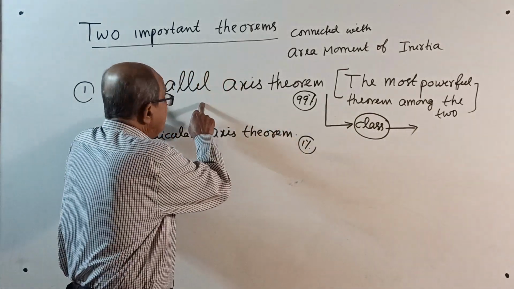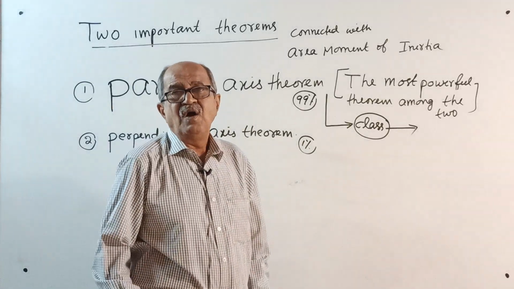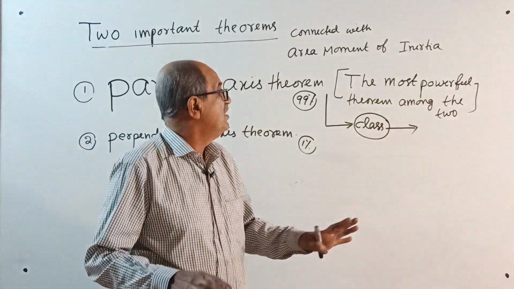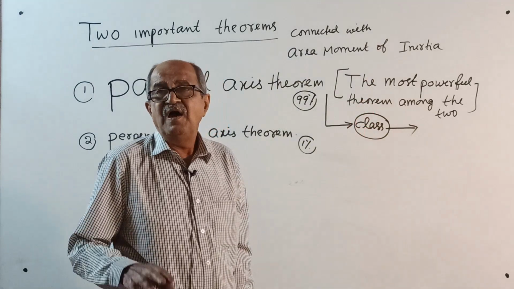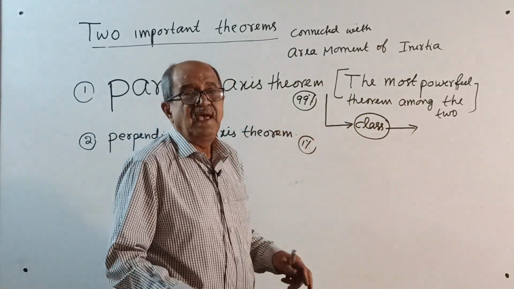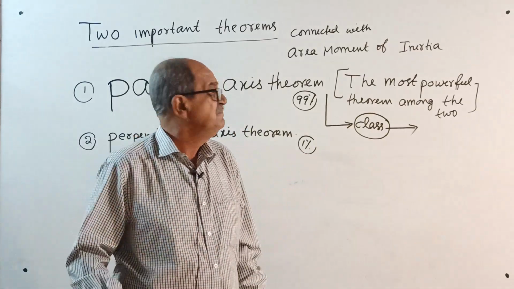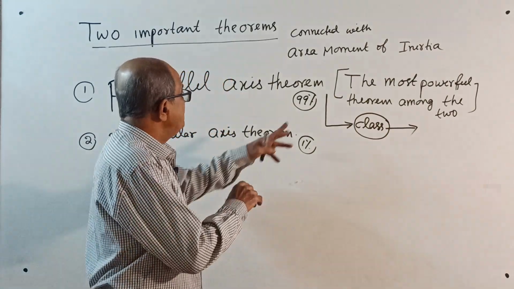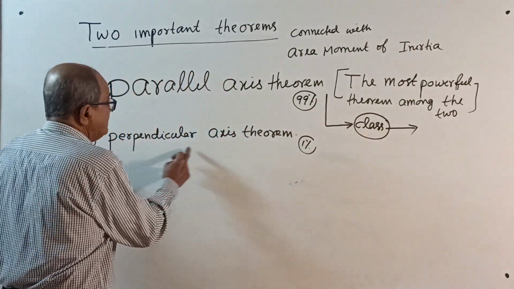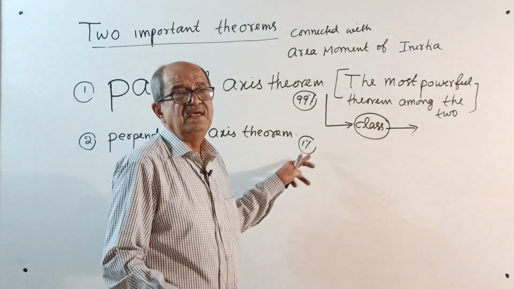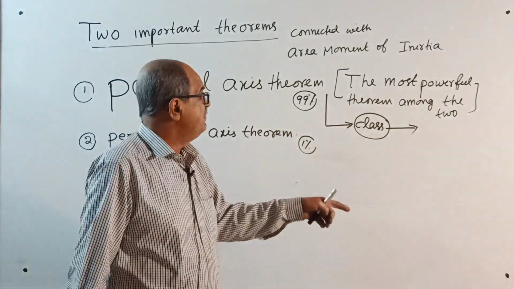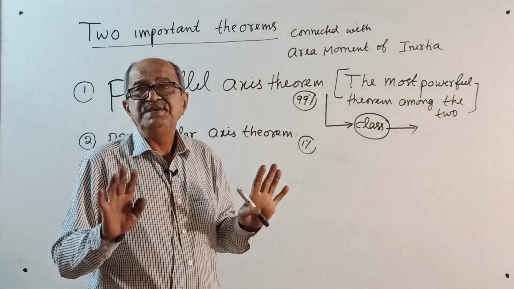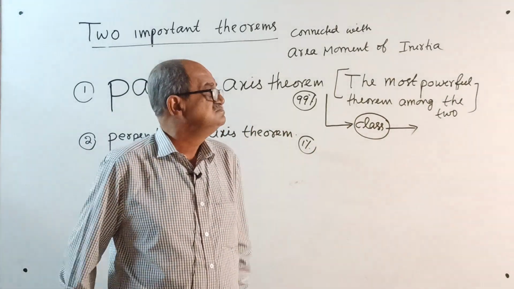I will state the theorem. Of course, I will write it before recording because it is a lengthy theorem. I will state the theorem, give some explanation, and then prove it. Once I finish that one, I will go to the perpendicular axis theorem. Again, state it, explain it briefly, and prove it. That is sufficient for ordinary people.